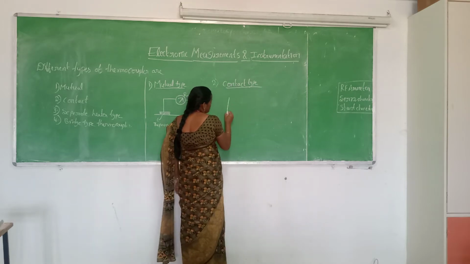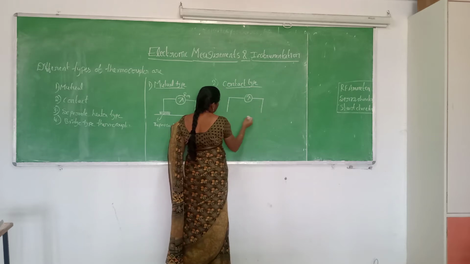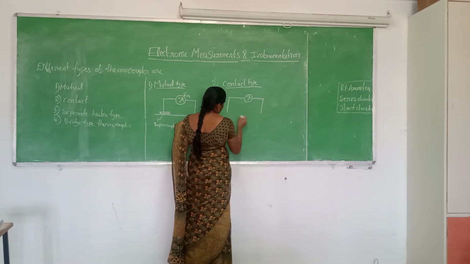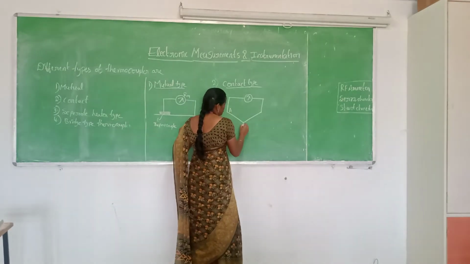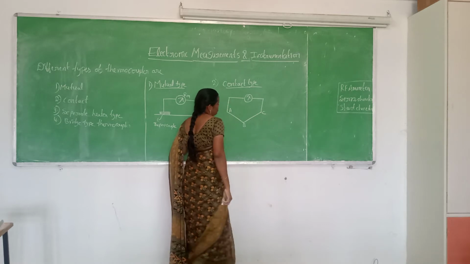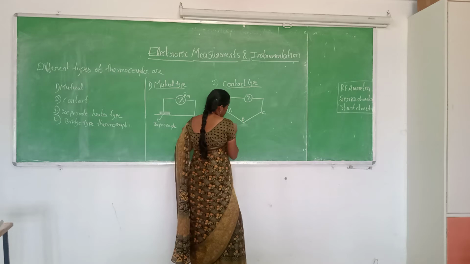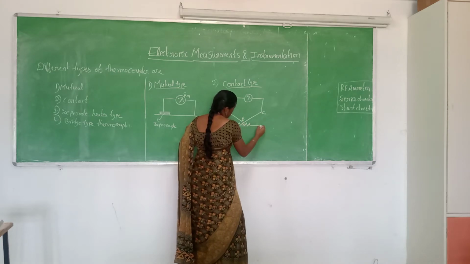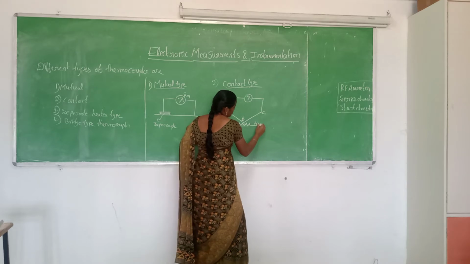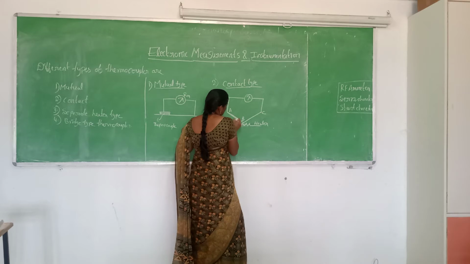So in this contact type, we are taking the PMMC meter. And here it is V-shaped, which consists of three points A, B, C. So here at the junction, the third terminal, we are giving a resistance, and this is the heater, and this is the thermocouple contact.